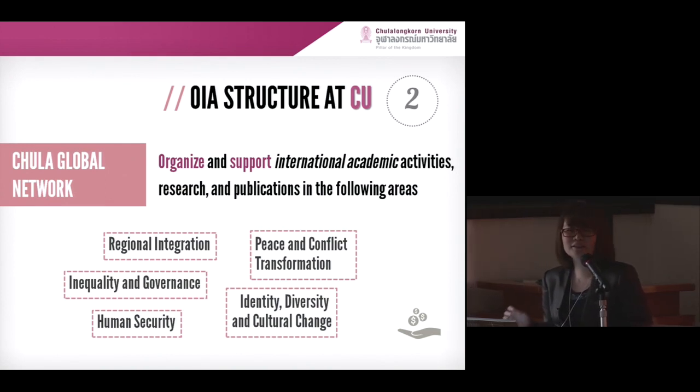Their work focuses mainly on the academic aspect of international activities, such as organizing international conferences or seminars, as well as supporting and funding research and publications in certain specified areas, as you can see.